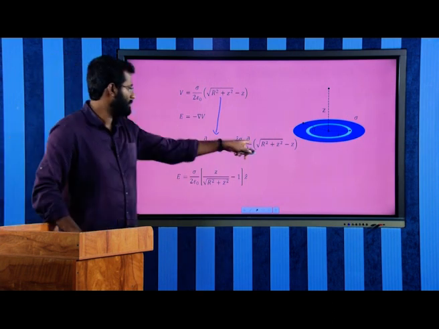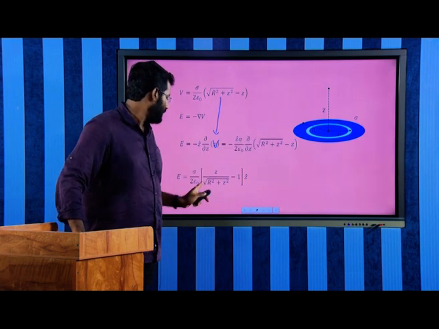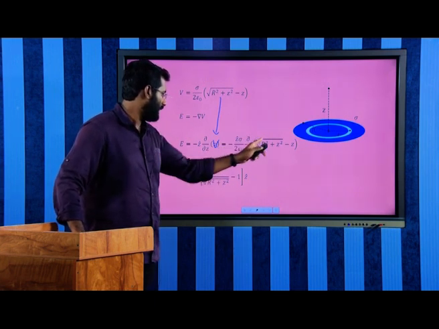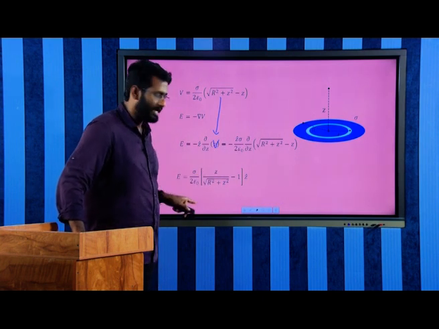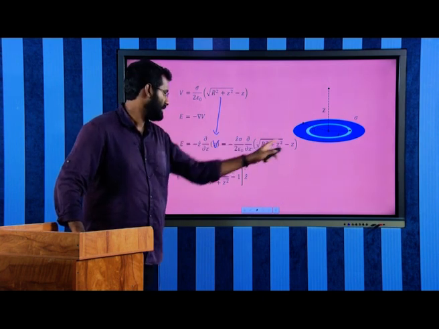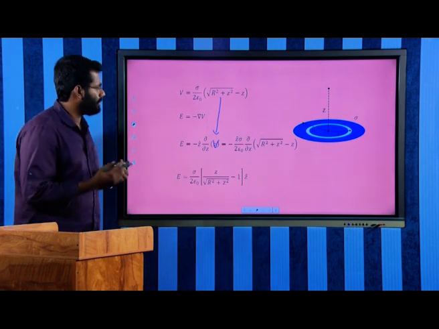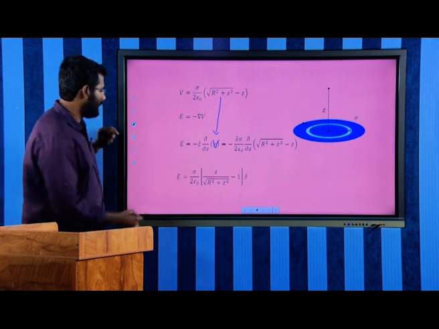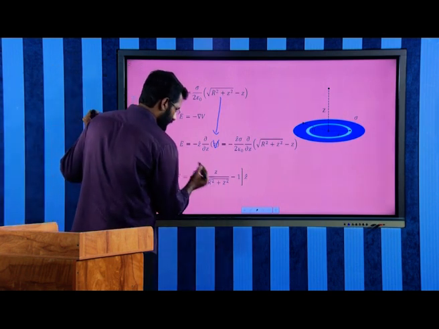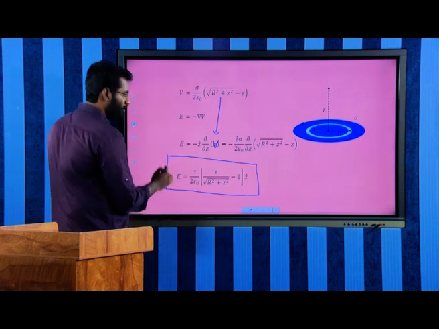So, the derivative of root of r square plus z square becomes 1 by 2 root r square plus z square into 2z from here. So, 2 and 2 get cancelled, and finally the derivative of z is minus 1. So, with a simple differentiation, actually a very simple differentiation, we reached the electric field, instead of bothering about the direction to find E.